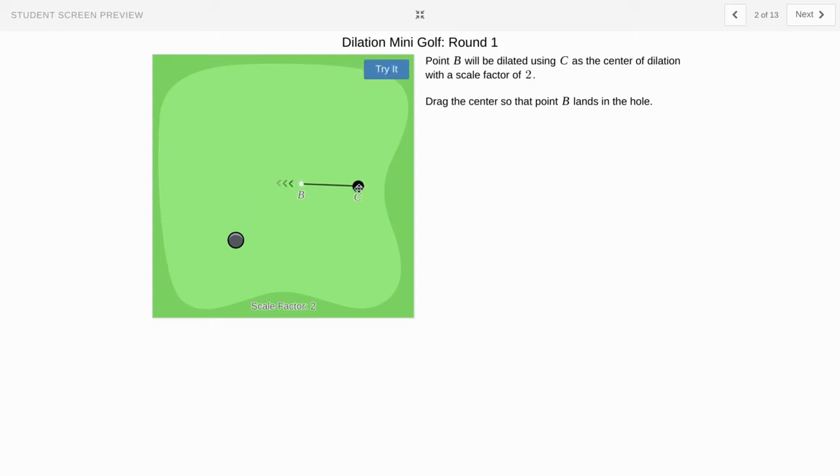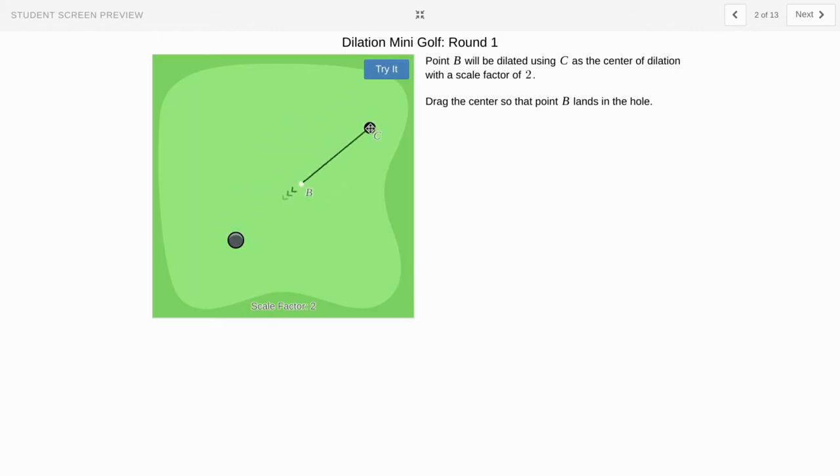Now we want it to land in the hole. So think about this. Here, this distance would get me to the hole, but I'm going the opposite way. So I'm going to need C to be over here in order for me to get the ball in the hole. So let me drag this around.